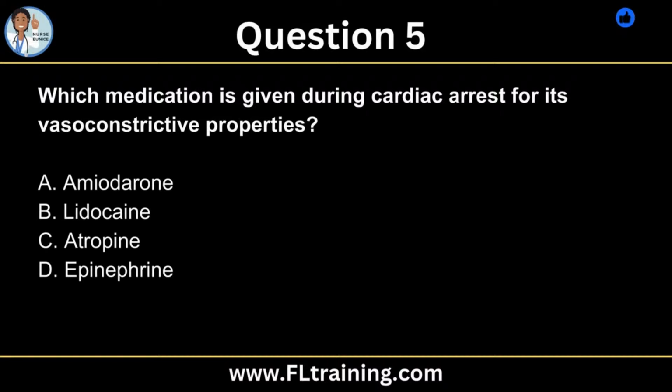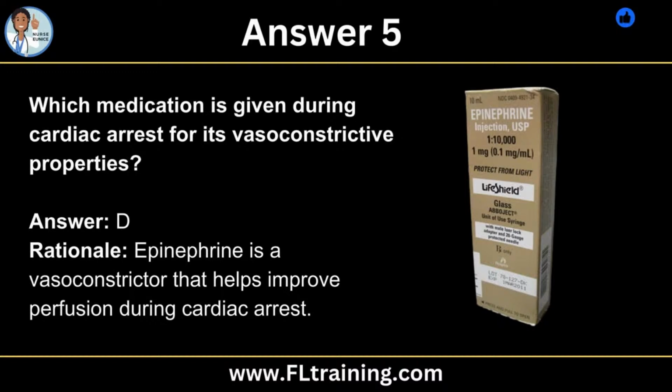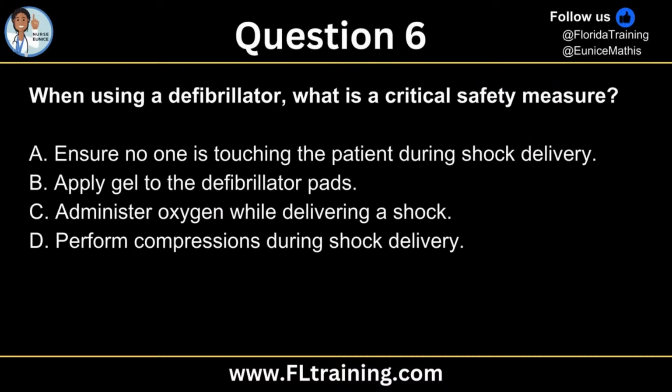All right, revealing the answer in 3, 2, and it is epinephrine. It is D. So epinephrine is a vasoconstrictor that helps to improve perfusion during cardiac arrest. And so epi is usually your go-to drug, your ACLS drug, whether the rhythm is shockable or non-shockable. Epi is the first drug administered.